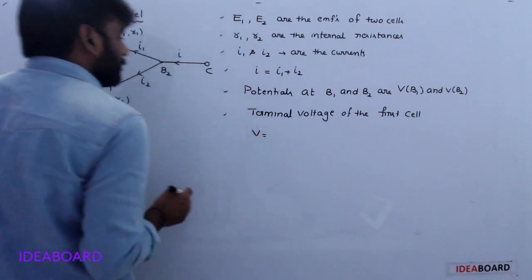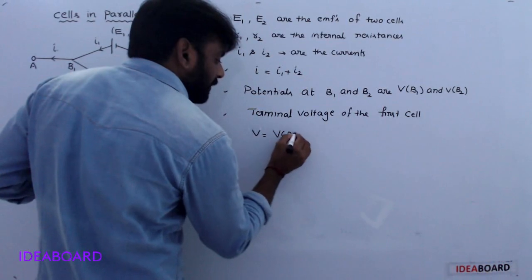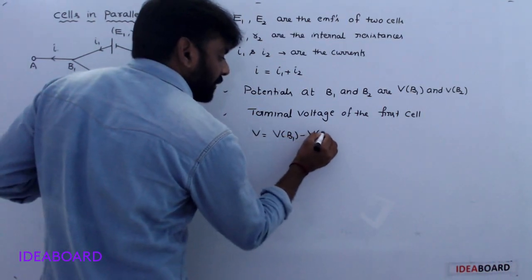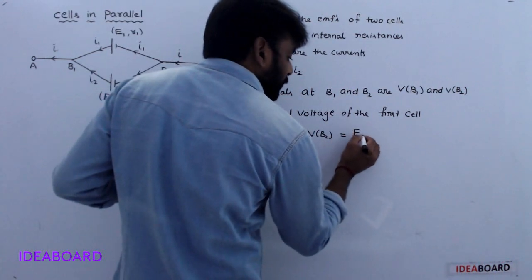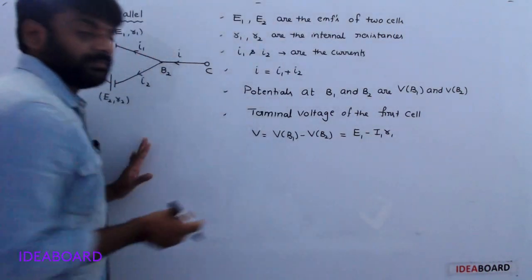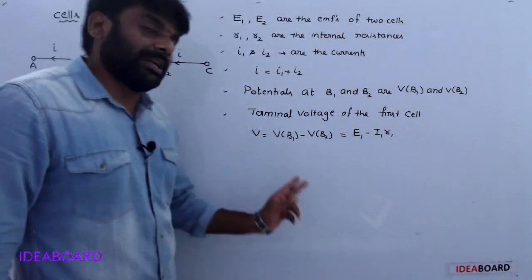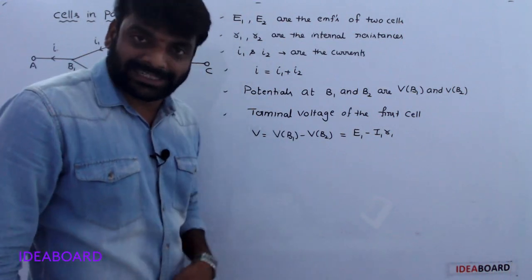V is equal to the potential at B1 minus the potential at B2, which is equal to E1 minus I1 R1. You know already, terminal voltage is equal to battery EMF minus current into internal resistance.